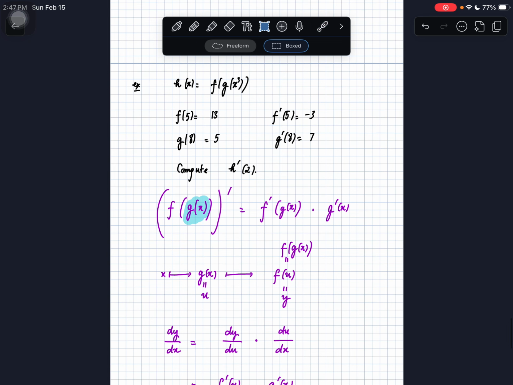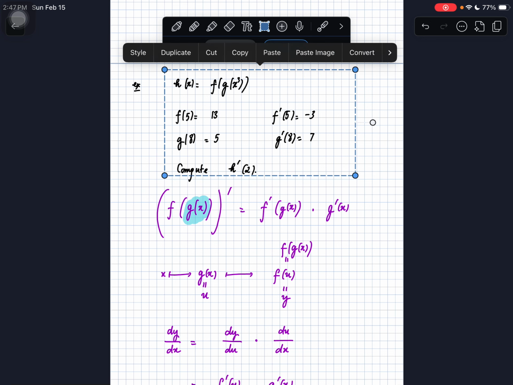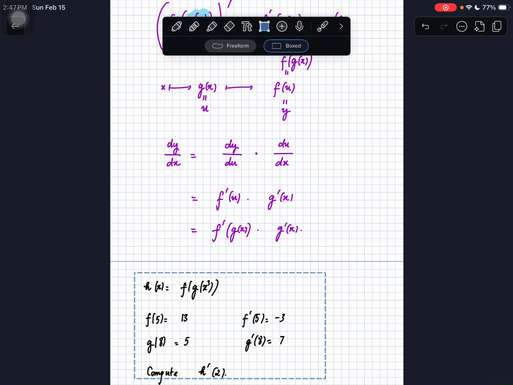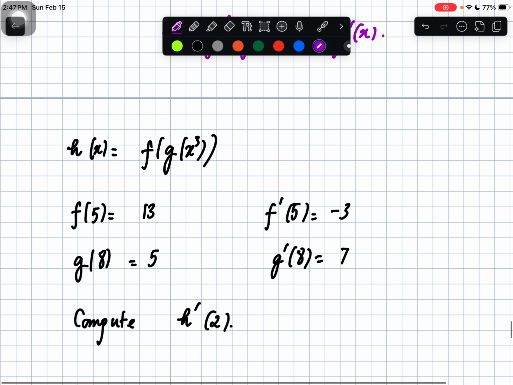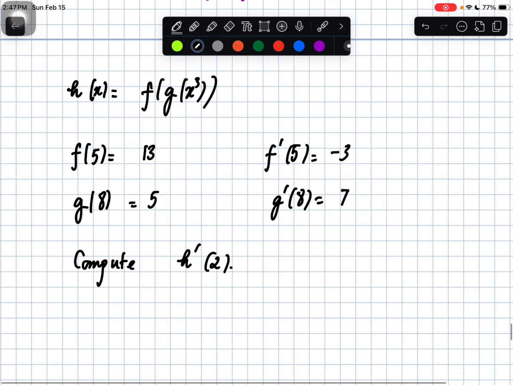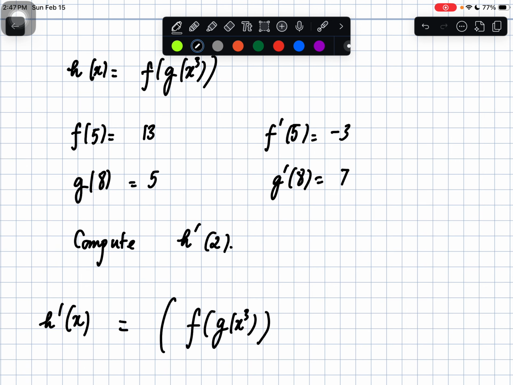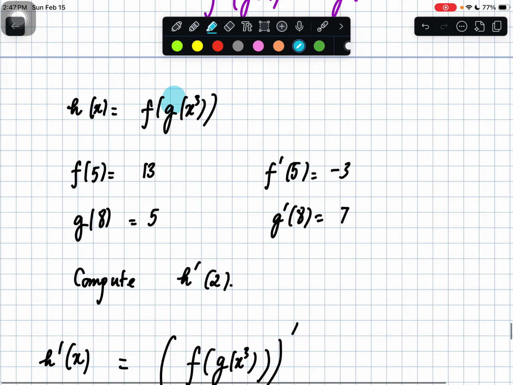So let's do this one. We need to compute h'. To compute h'(x), which is (f(g(x)^3))', you think of the chain rule with f of this blue function.